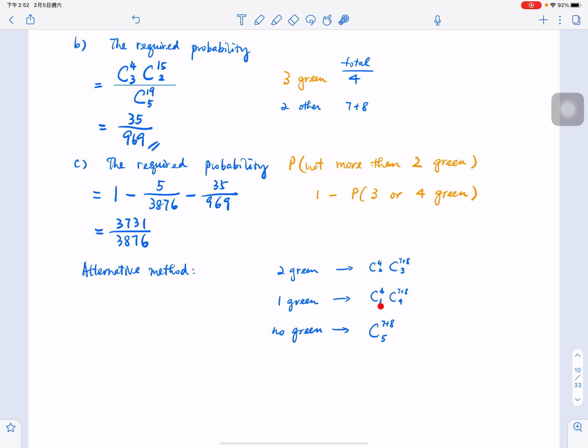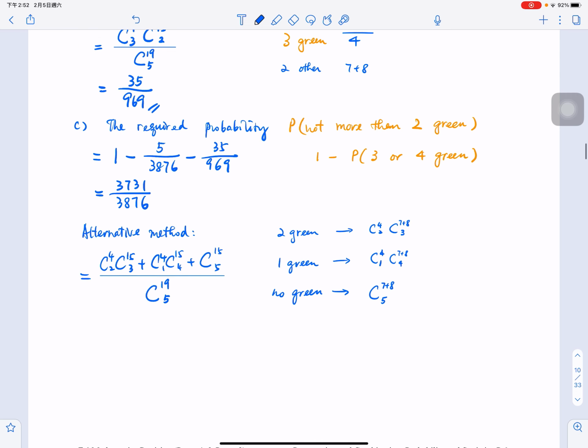If only one, 4C1, and the other 4. No green, that's only from the other 15, then choose 5. So the alternate method: 4C2 times 15C3 plus 4C1 times 15C4 plus 15C5. And the total possible outcomes, no change, 19C5. So as a result, this one.